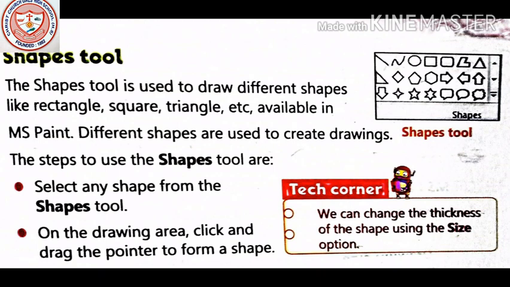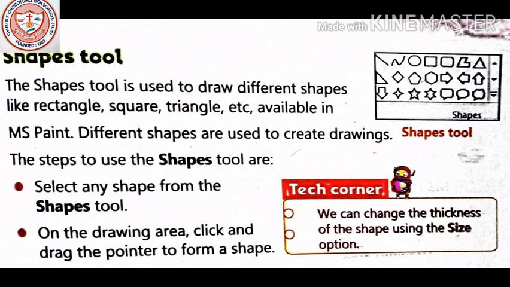We can combine the shapes and draw a house. For example, if we take a rectangle, a triangle, plus the square ones, we are able to draw a small house.